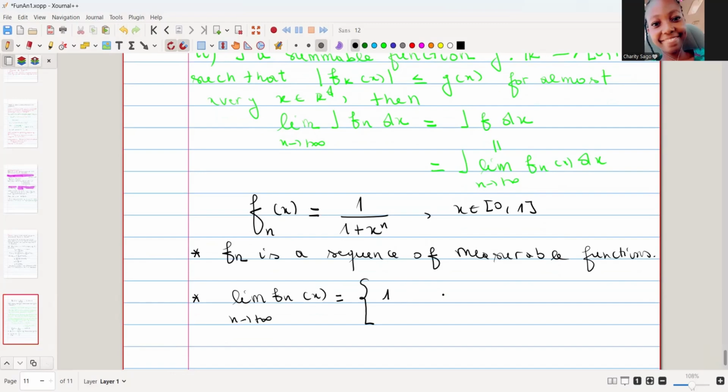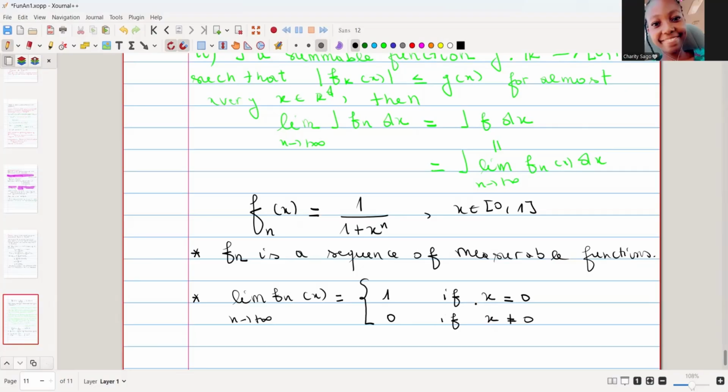It is 1 if x equals 0, and 0 if x is different to 0.